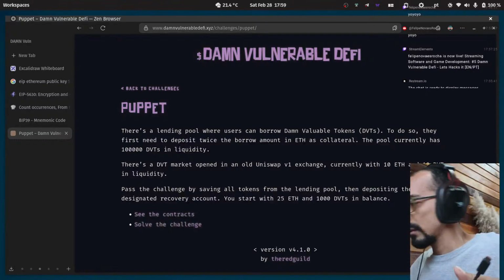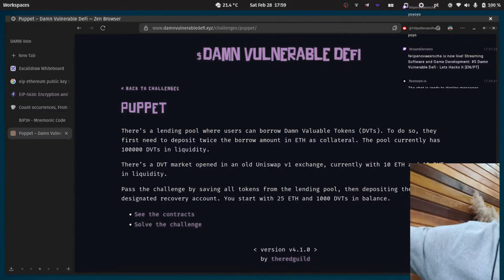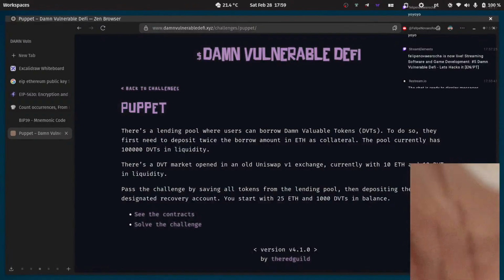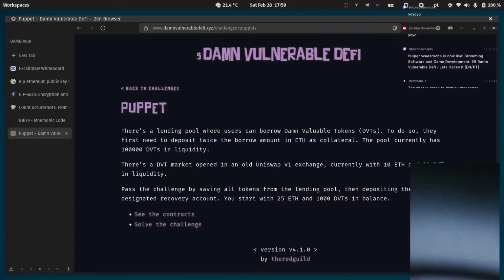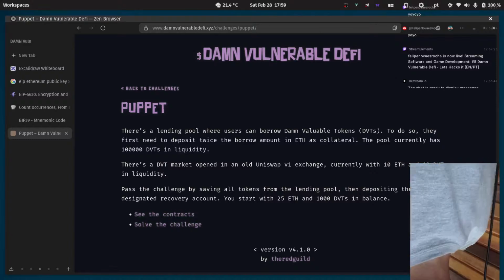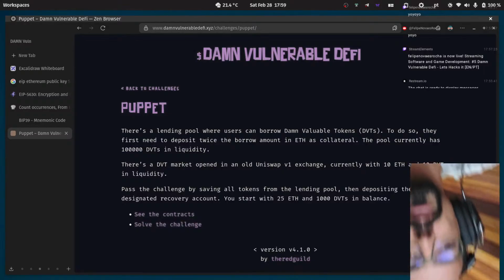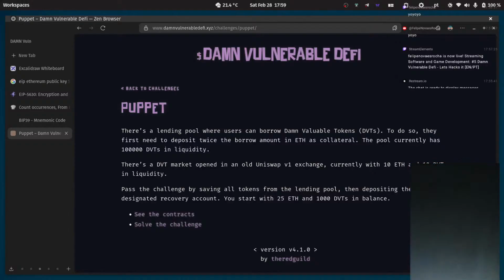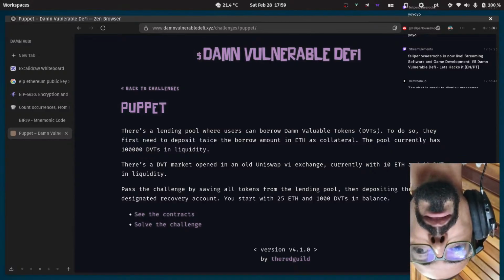All right, so let me try to fix that camera. Gonna use that in such a way. Oh, I cannot do that. Of course, I cannot do that.